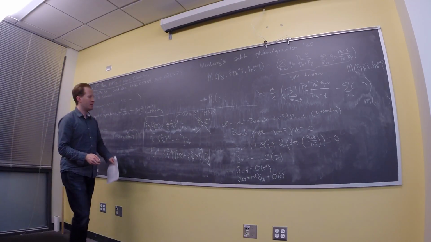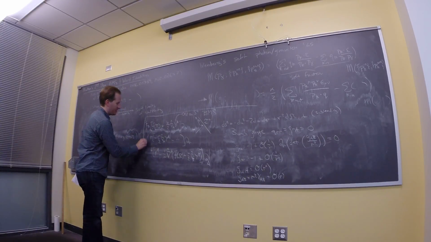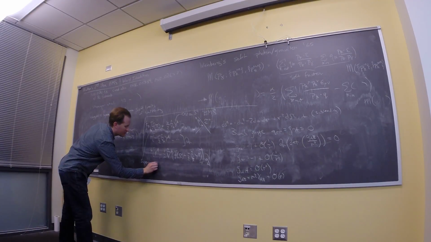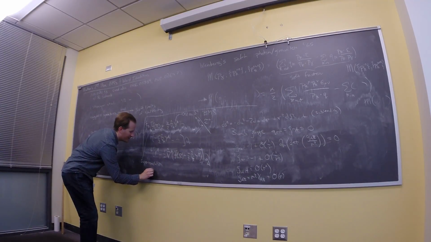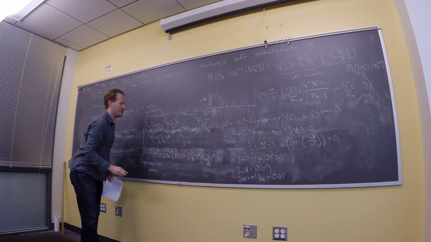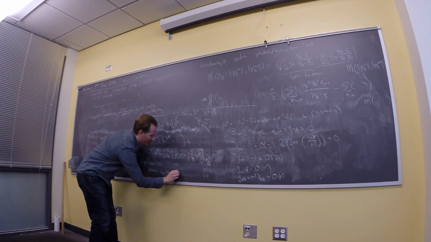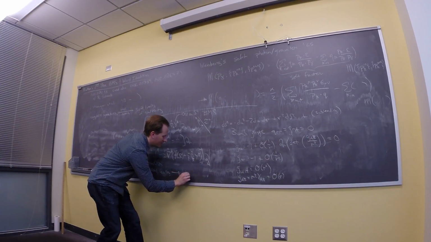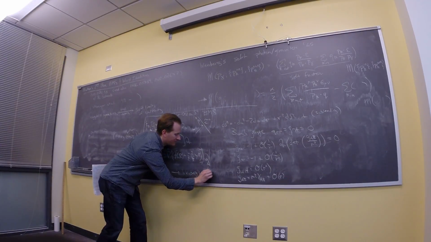So the idea will be that the supertranslation Ward identity, which I'll try to convince you exists, will be essentially Weinberg's soft graviton theorem.